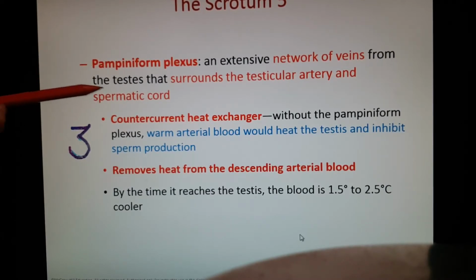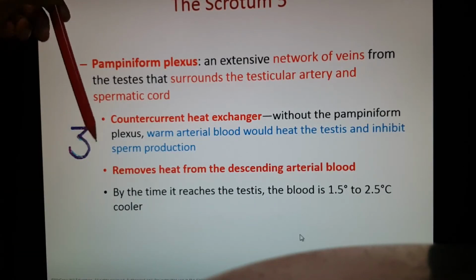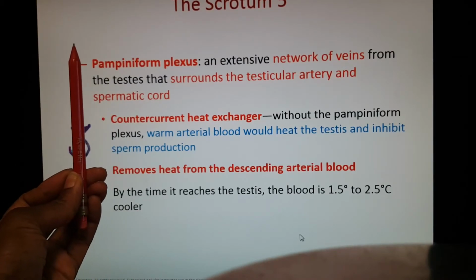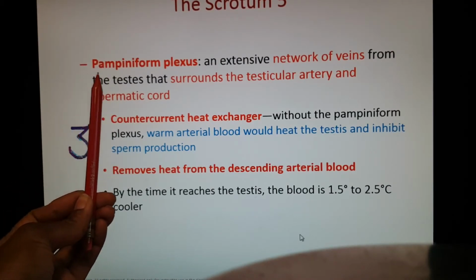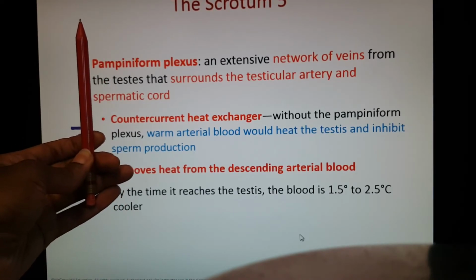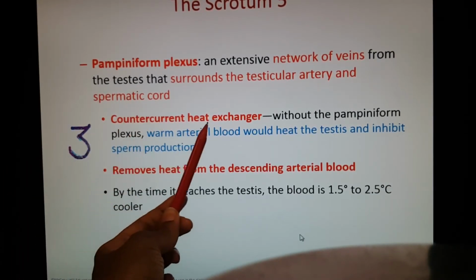What this does is create a countercurrent heat exchanger. Blood flows into the testes in one direction, and blood going away from the testes, around the testicular artery, in the pampiniform plexus, is going back towards the body. So they're going in opposite directions. There's your countercurrent.